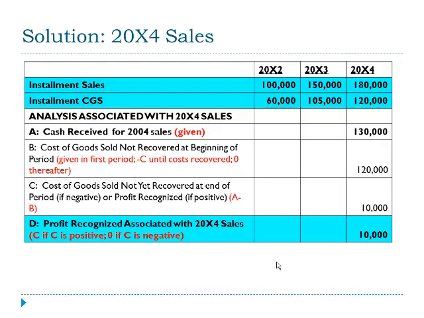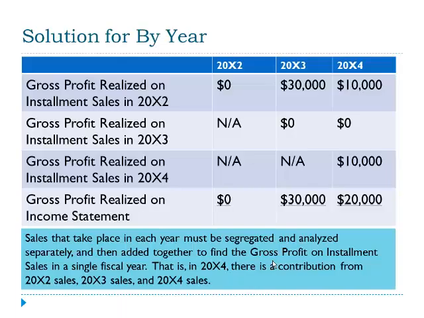In this year, I have to recover cost of goods sold of $120,000, and in this year my customers pay $130,000. So my cash received is $130 minus the cost of goods sold yet to recover of $120 gives me cash above cost of goods sold of $10,000, and I can recognize $10,000 on the 2004 sales in 2004.